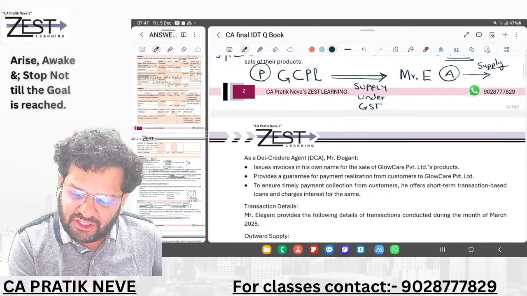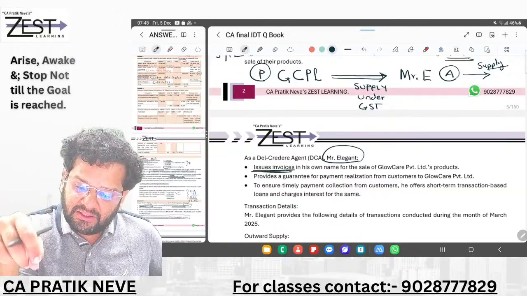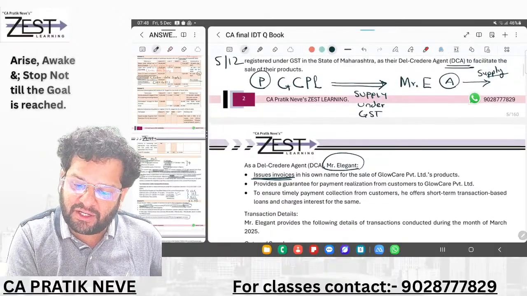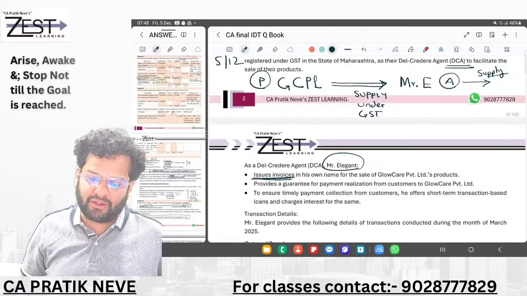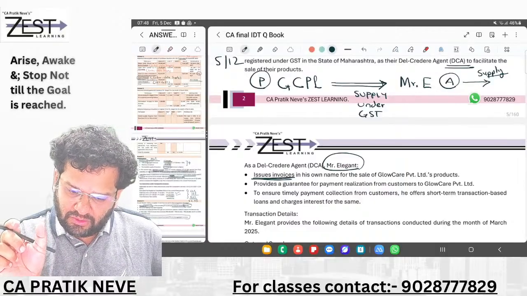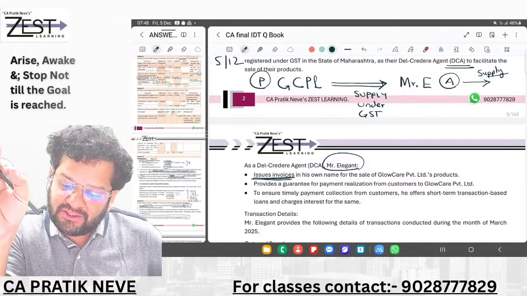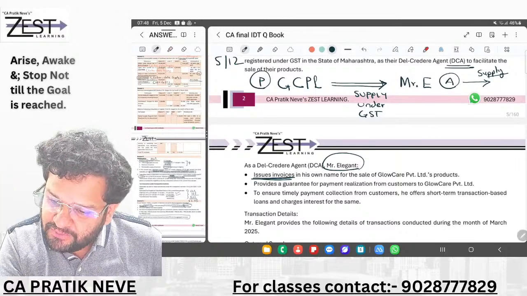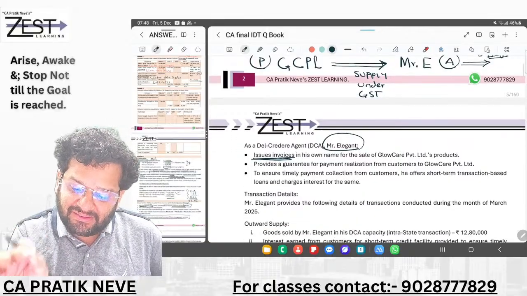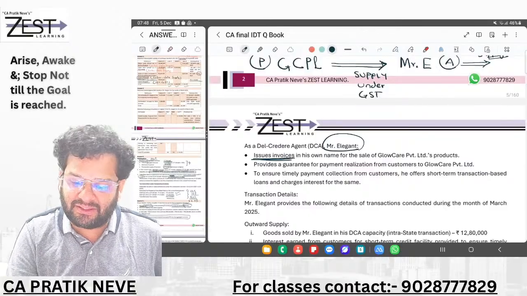As a del credere agent, Mr. Elegant issues invoice in his own name from the sale of Glow Care Private Limited's products. So see, this Mr. E is issuing invoice in his own name, so of course this will be treated as supply, as we discussed. Provides a guarantee for payment realization from customer to Glow Care Private Limited.